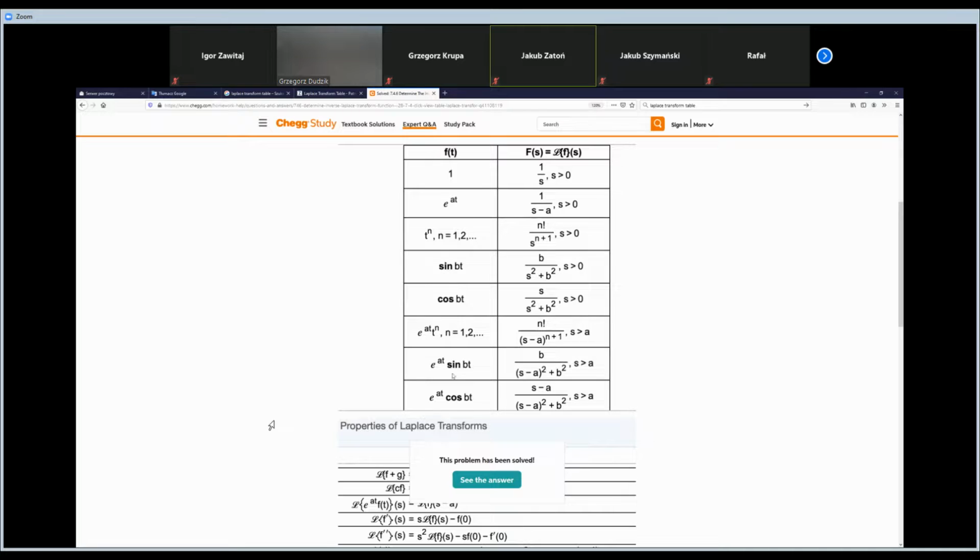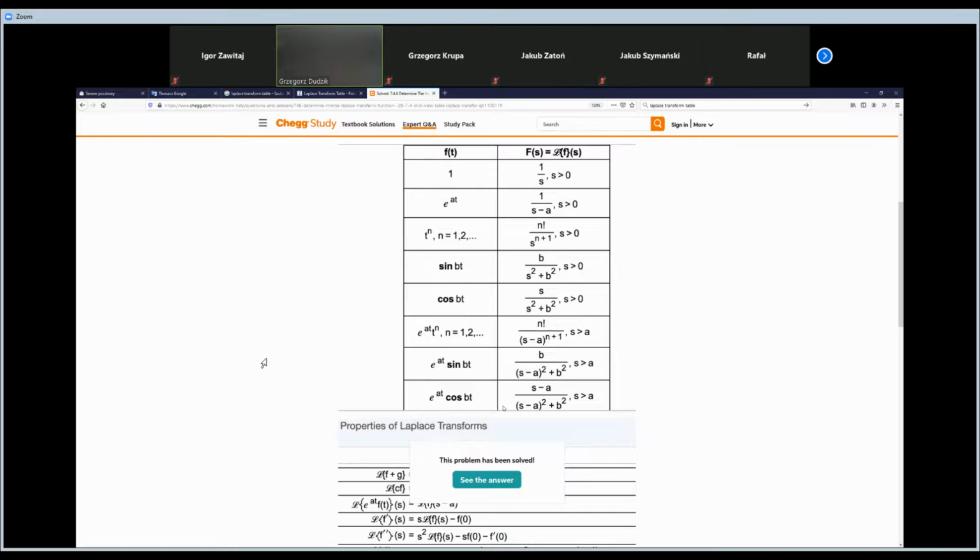So as you see, for the sine function multiplied by the e to the power of at function, in fact, it is the same as the Laplace transform for the sine function. However, in place of s, we have to substitute the values from the function e to the power of at. Do you see it?